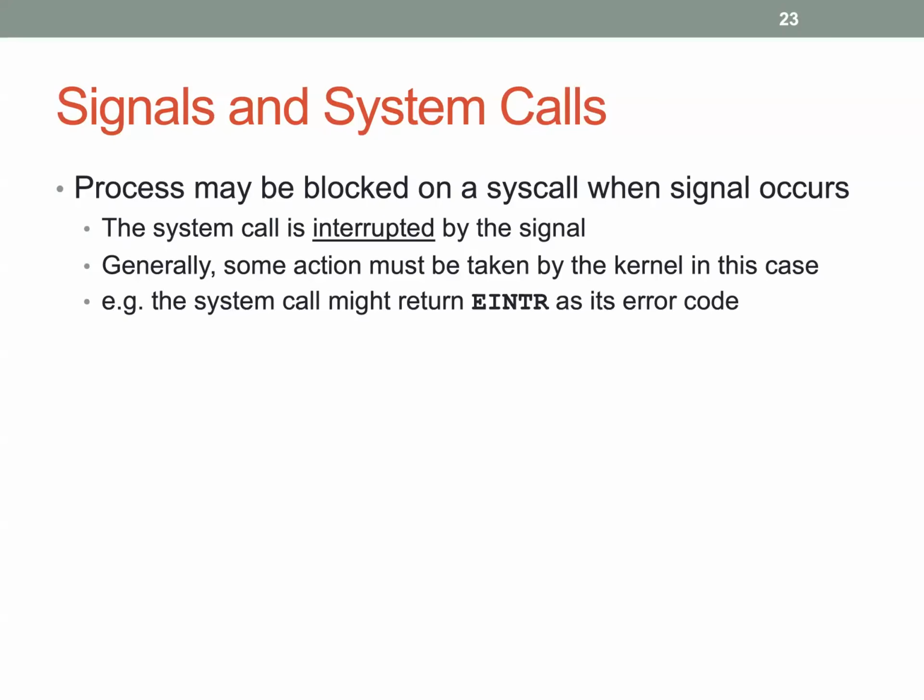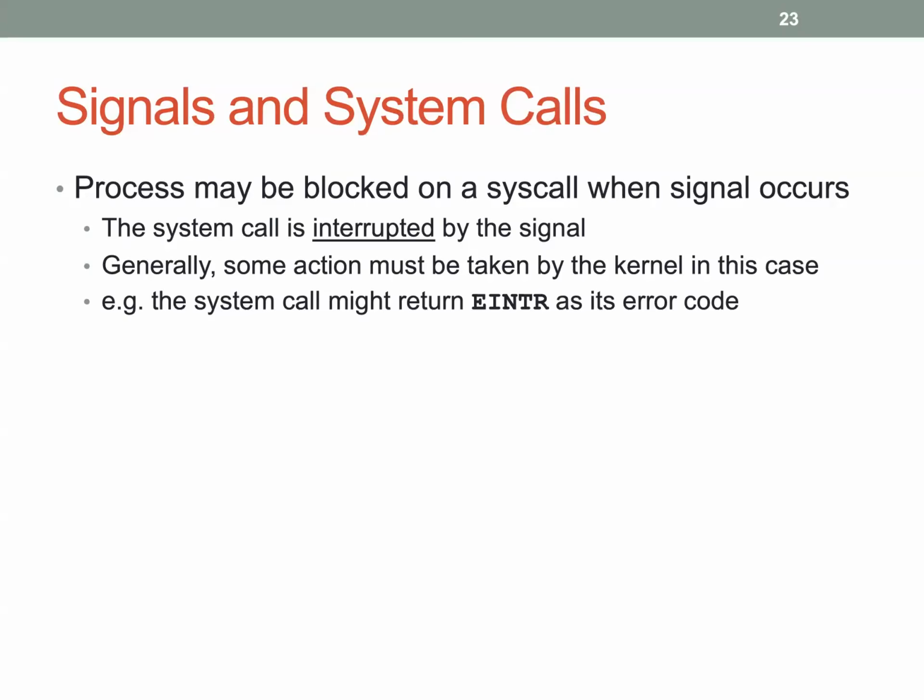It actually takes it out and it puts it back into the ready queue. So that means that that system call was interrupted, and we need to communicate that to the user process, that this call was interrupted. And so generally the way that this is handled is the kernel will return this special error code called EINTR for system calls that get interrupted by a signal delivery.